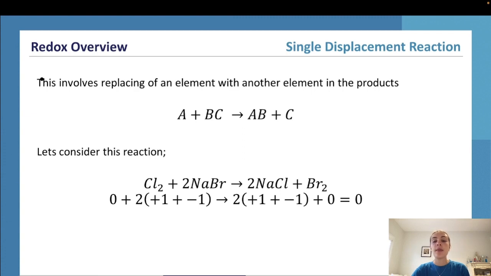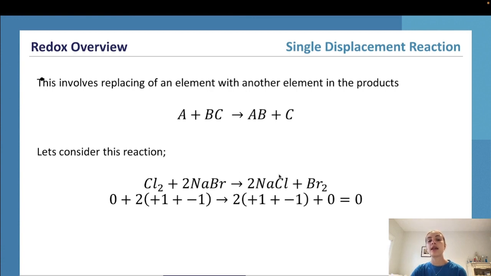And then we've got bromine, and we know with bromine that fits into our rule number 7, which tells us that our group 17 elements are going to have an oxidation number of -1. So +1, -1, and yep, that's right, that gives us 0 in total, and this is an uncharged molecule, so that's correct. We can then see, so chlorine's going to go from 0, sodium is going to go from +1, and bromine is going to go from -1.